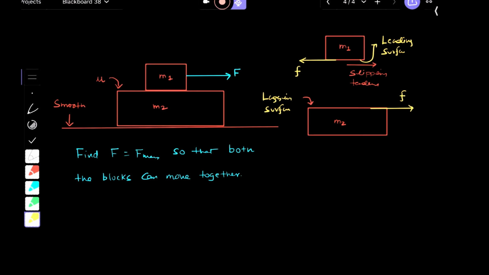So what I must do? Since M1 is moving towards the leftward direction, I must apply some force on M2 so that M2 must move towards the leftward direction. So on M2, what force can come? It's not like any other force can come other than friction force. So the friction force that will act on M2 must be in this direction. All of you get that?